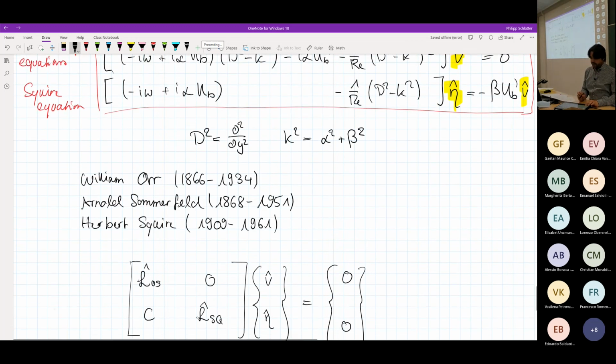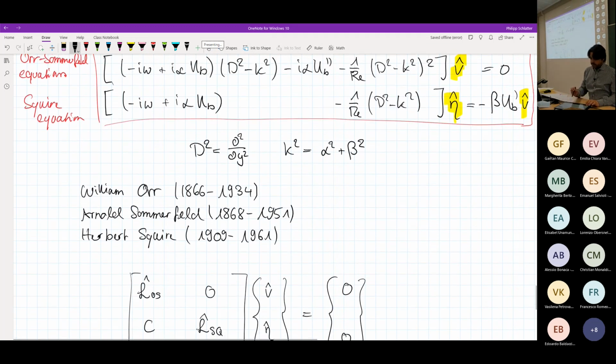Now, let's try to identify what this is. I guess now we can see everything. So the Orr-Sommerfeld operator is essentially whatever multiplies V, which in this case is this whole thing. This would be the Orr-Sommerfeld operator times V hat being 0.